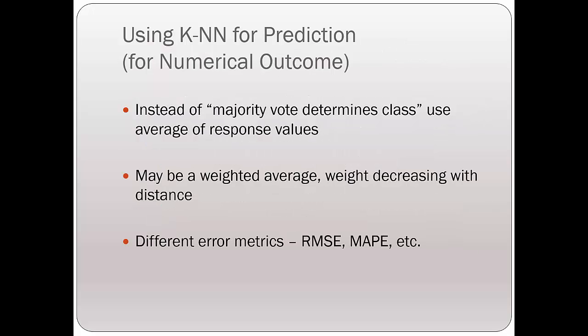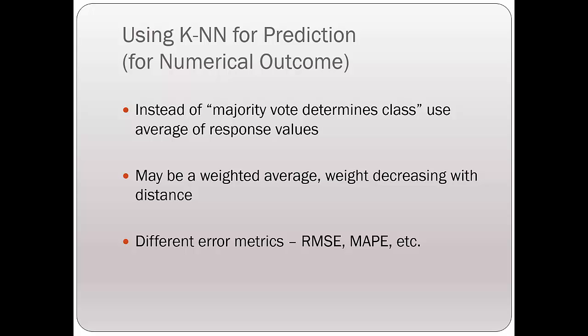Another special case is when you have a numerical target. If it's a class target, then you look at the propensity. You do a poll, and whichever class has the largest proportion, then you select that. But if you have a numerical target, then you look at the neighbors and find the average of the target values for the neighbors.